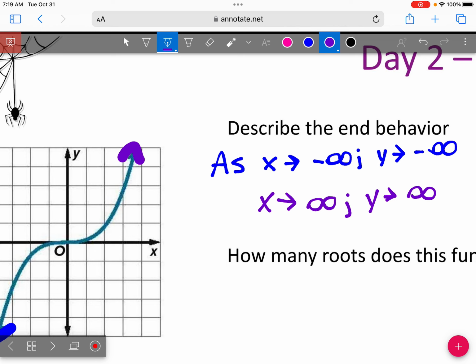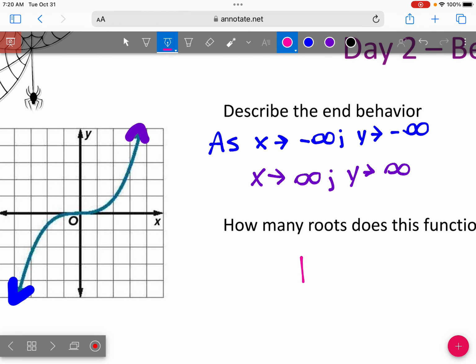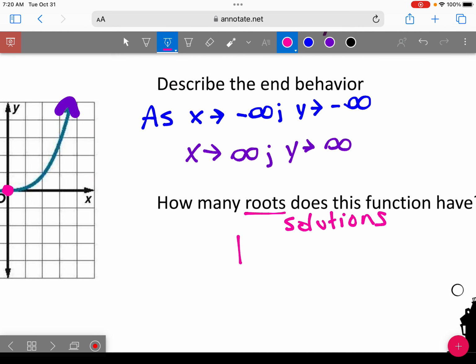And then how many roots does this have? One. Trust yourself. It only has one solution, and it's right here. Our roots, remember roots also means solutions or zeros or x-intercepts.